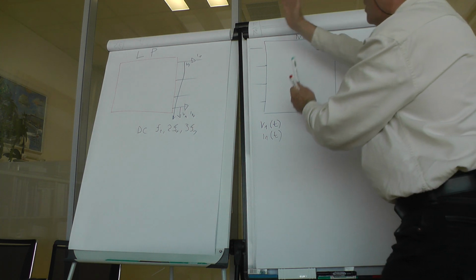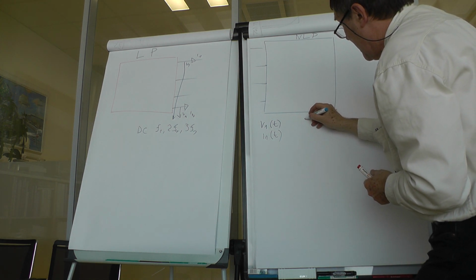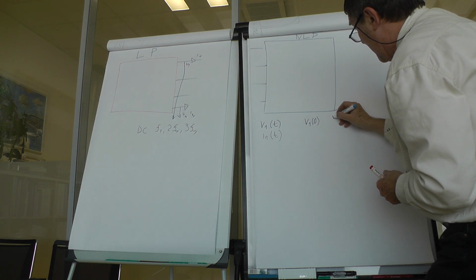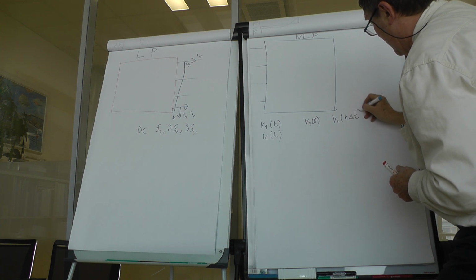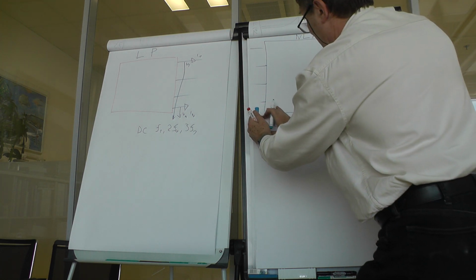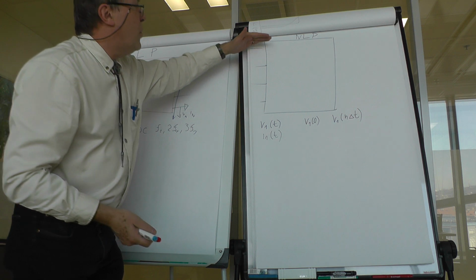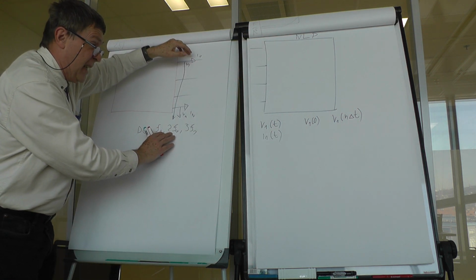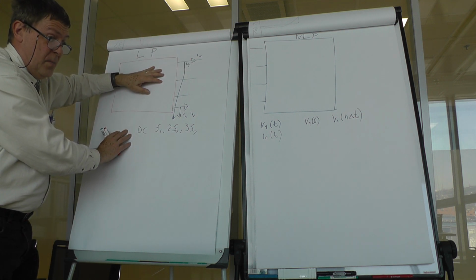That is, when sampling is applied, we would have V1 at 0 time and V1 at delta t, where delta t is the time step. So we would have a set of samples for the voltages and currents here, and we would have a set of harmonic components just here.